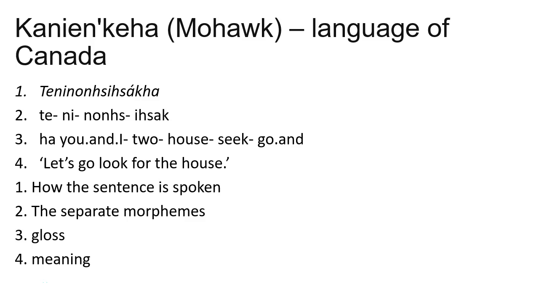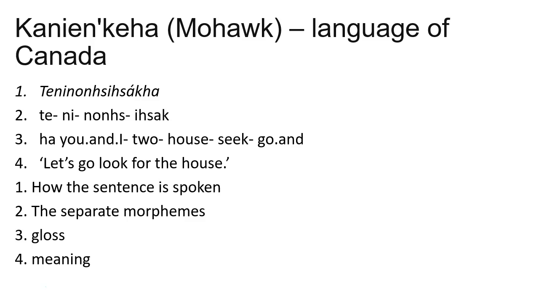We can then break it down into different morphemes. We've got the morphemes te, ni, nons, ishak, okay, and then ha. And what we need is the gloss, and it says 'you and I', so te, ni, nons, ishak, 'to house seek go and'.